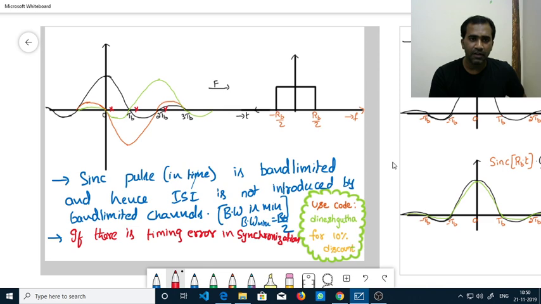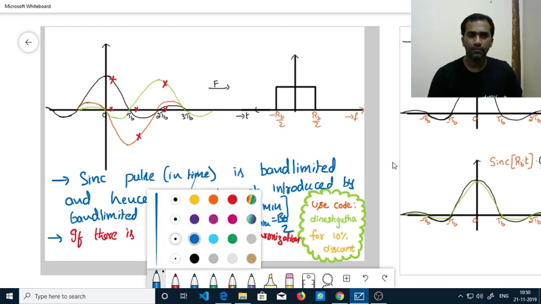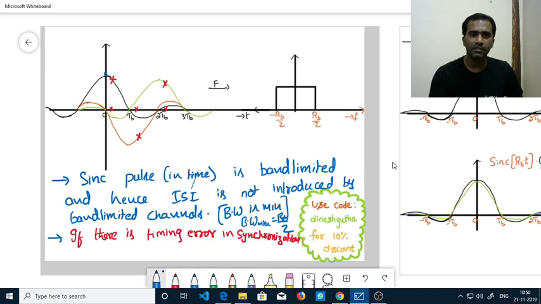If you are understanding this as the starting time of this bit, then you are going to sample here, here also, and here. Observe it carefully. For example, here you are supposed to receive 5, but because of the timing synchronization error, you are receiving it as 4.